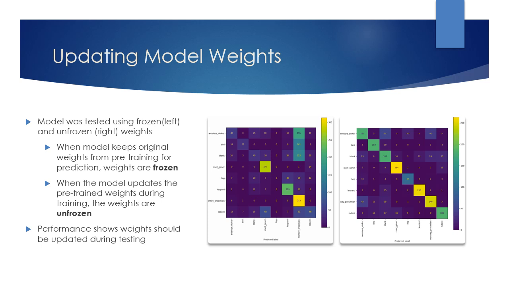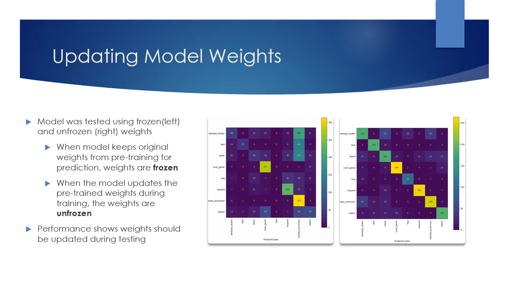So I tested both. You'll see on the left when I use the frozen weights, I actually expected this to train faster since it's not updating and to maybe even be more accurate because the pre-training involves training on millions of images, a lot more than in this data set. But it actually shows that when the weights were updated from this training, the performance was much better.